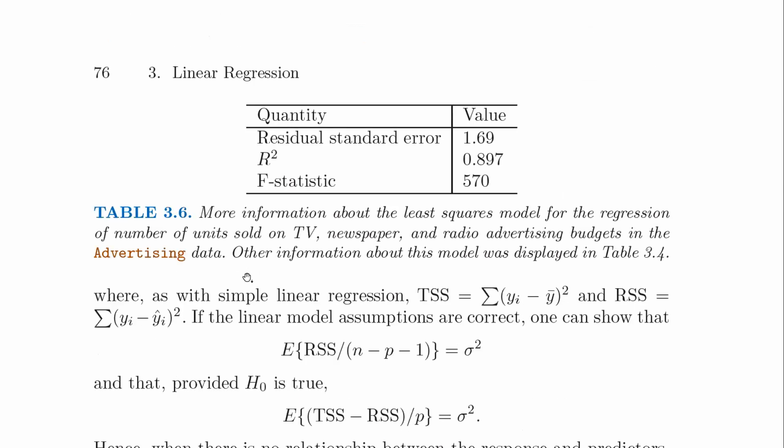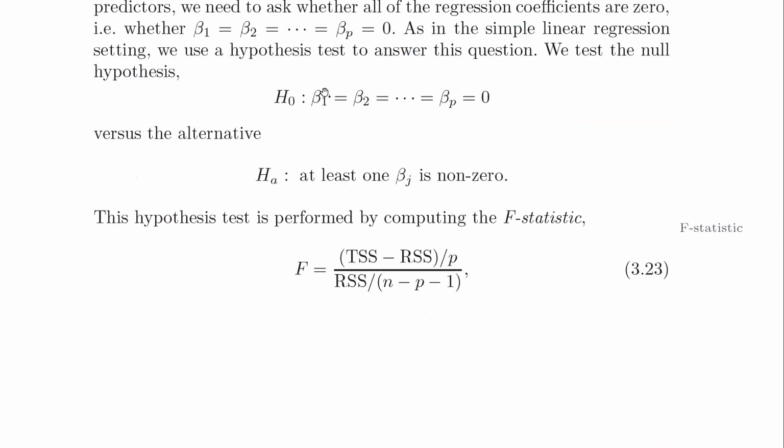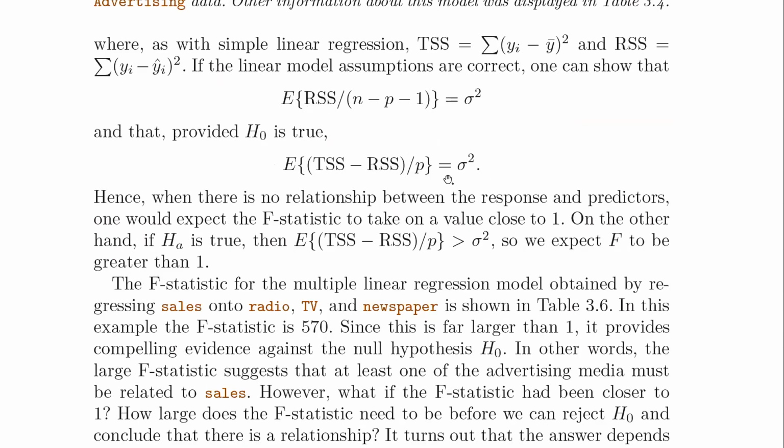Now going to the denominator, if H naught is true, if there is no relationship between the response variable y and any of the xi's, then the denominator is also expected on average to give you sigma squared. So dividing these two would give you 1 if H naught is true.